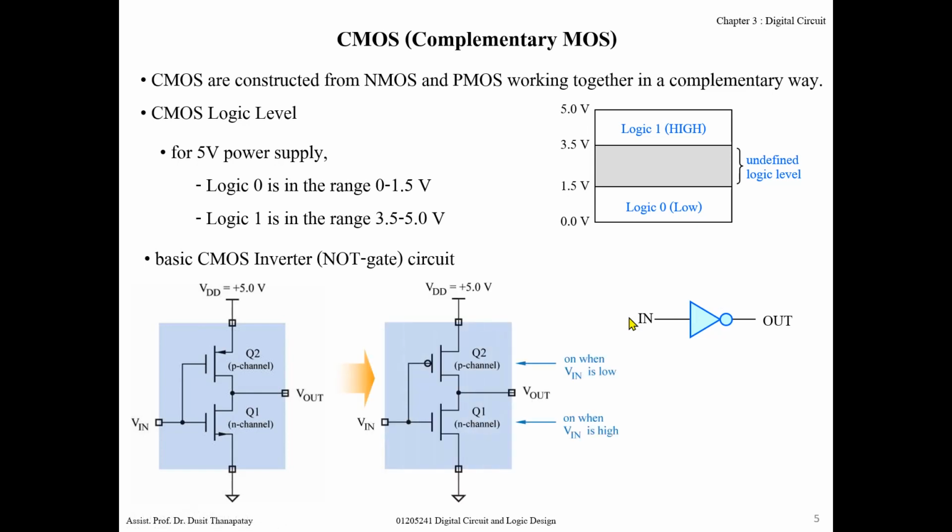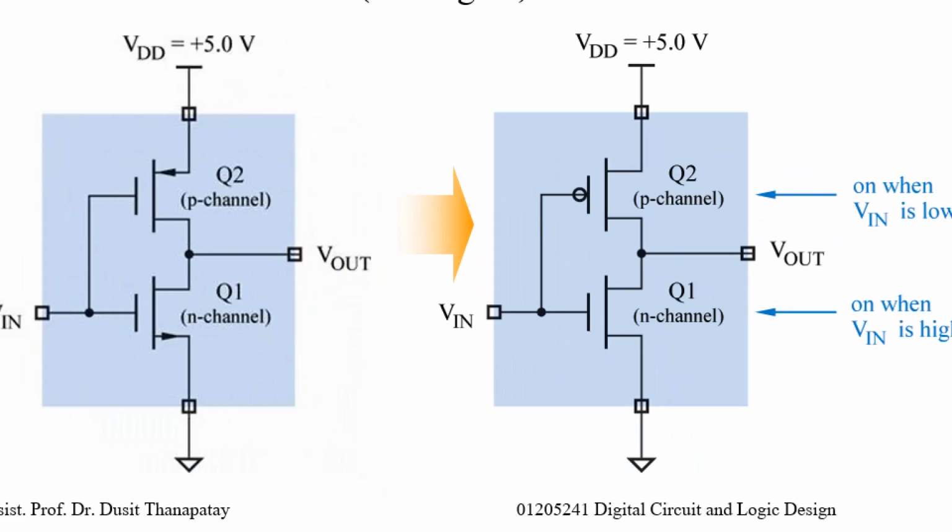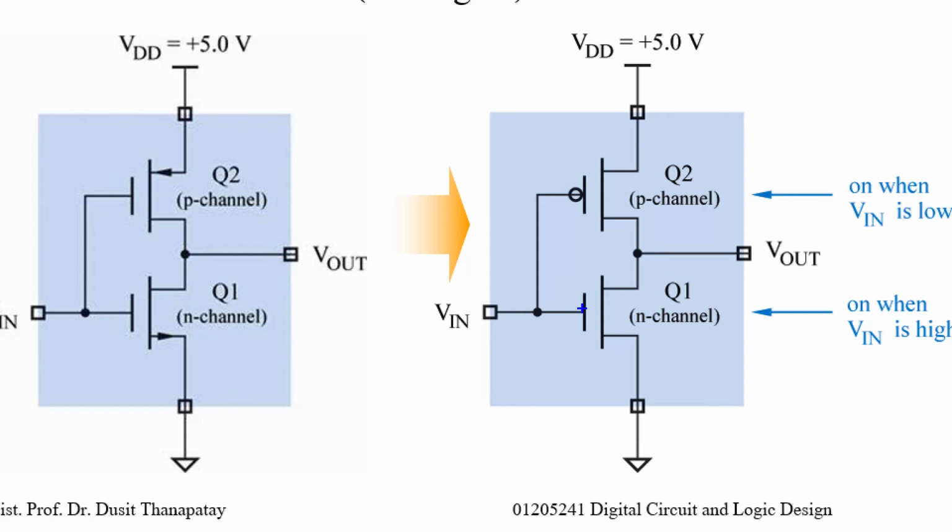Okay, and for convenience, because the transistor symbols of NMOS and PMOS have a different direction of the arrow, to make it easier to remember, let's change the symbol to this one. One of these has no circle, one of these has this circle.